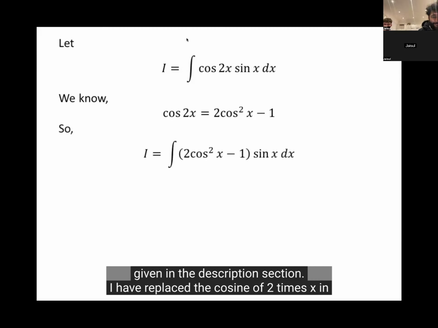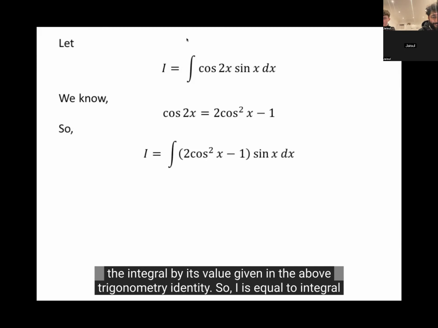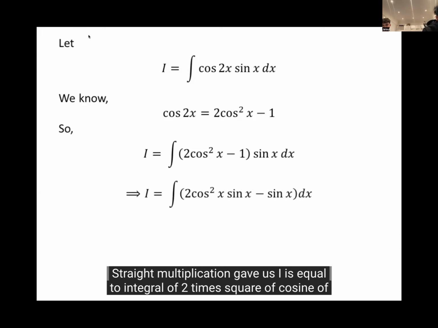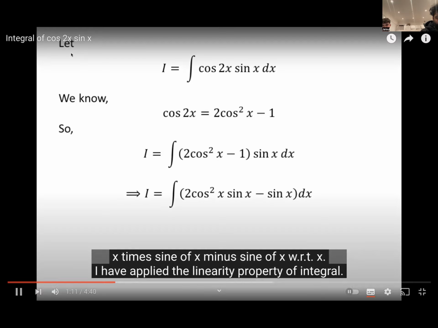I have replaced cosine of 2x in the integral by its value, so I is equal to the integral of 2 cosine squared of x minus 1, times sine of x. Straight multiplication gave us I equals the integral of 2 cosine squared of x times sine of x minus sine of x.